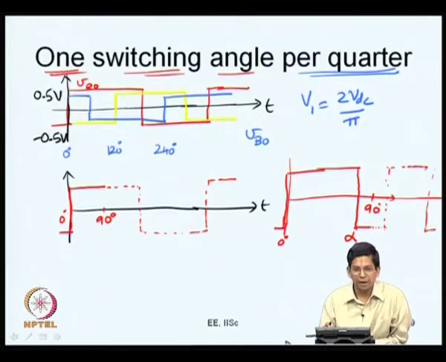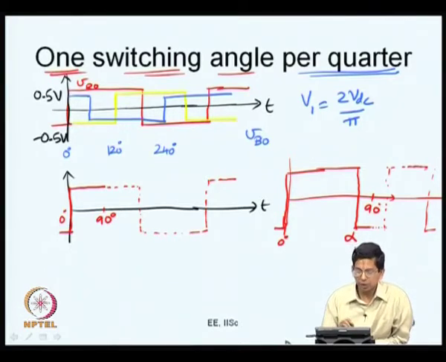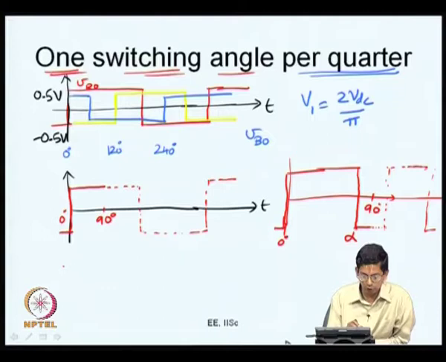Depending on the value of alpha, you can control the fundamental voltage. So, what will be the fundamental voltage? If you use Fourier series, this is V1, and all you need to do is integrate this waveform as we were doing. We are considering only up to pi by 2, and the waveform value is VDC by pi.